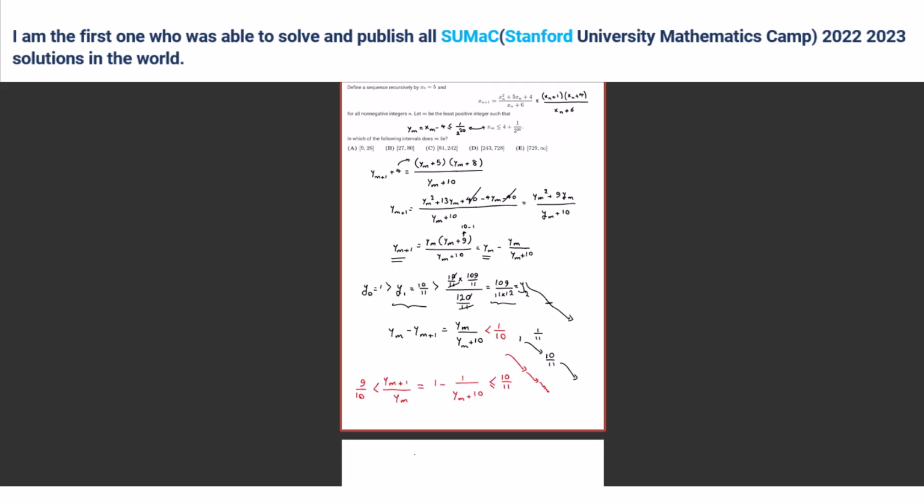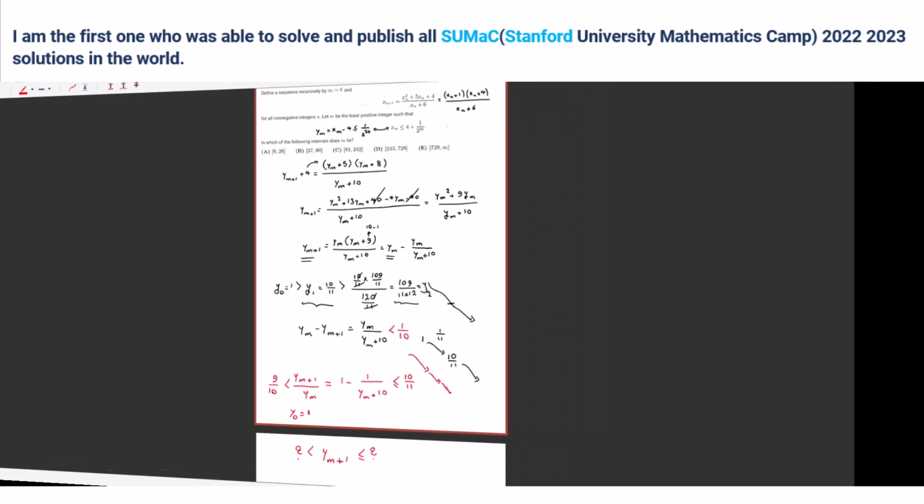So by considering this, we can say ym plus 1 is greater than what, less than or equal to what? You should find a number, a fraction, in terms of m. Use only this one, and y0 is 1. Not in terms of ym. No, in terms of m only. Only use this one.